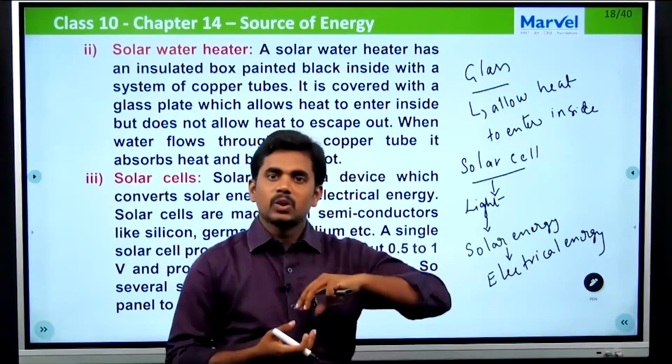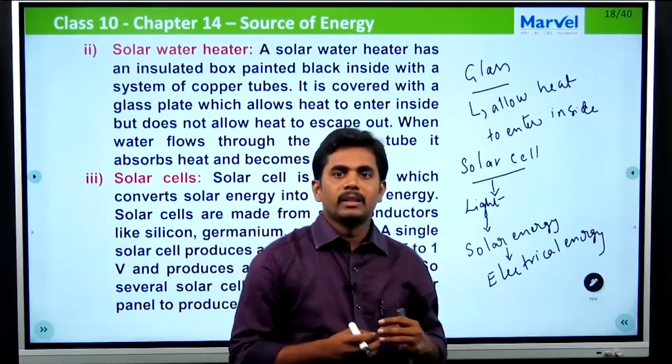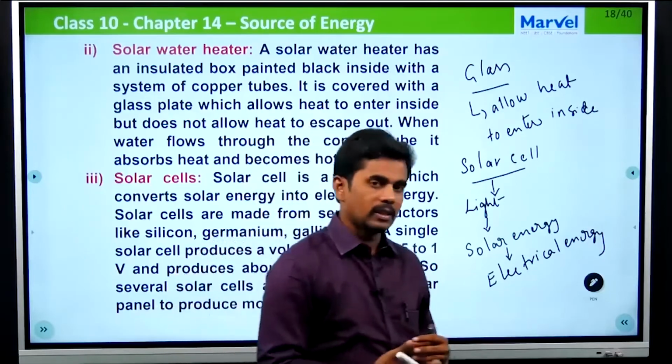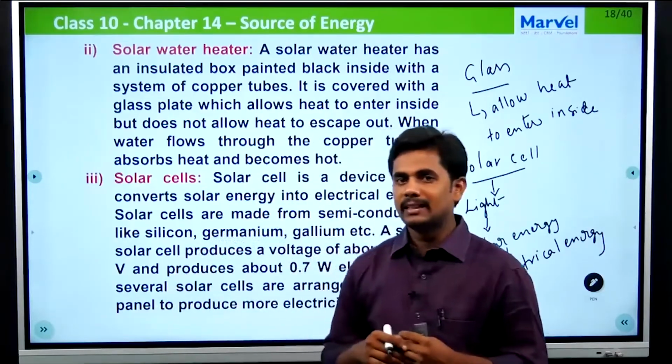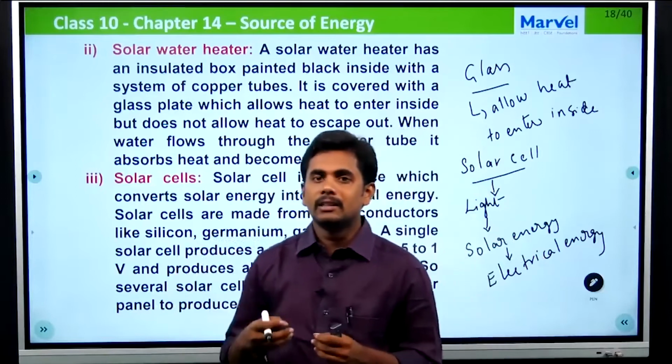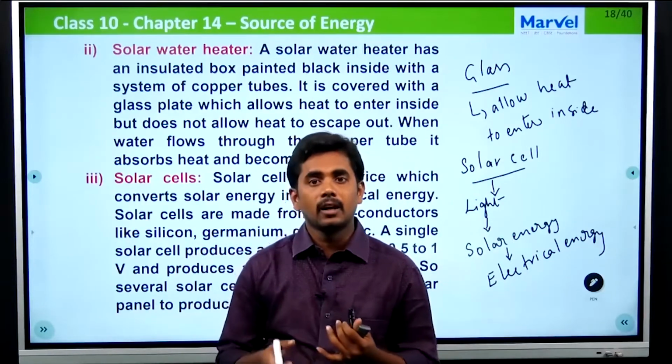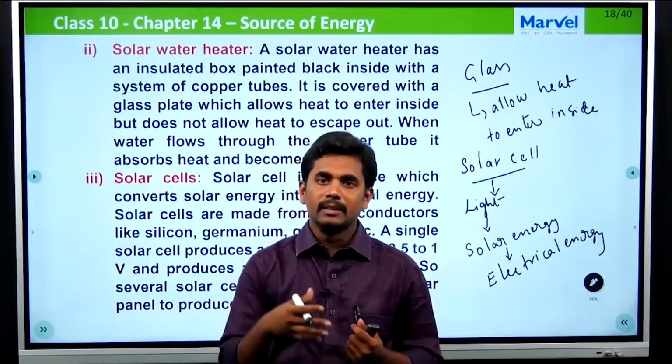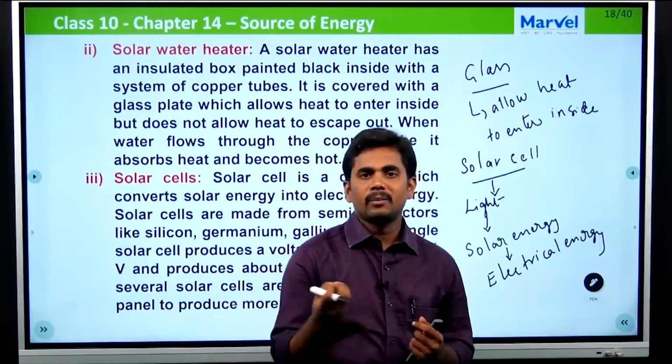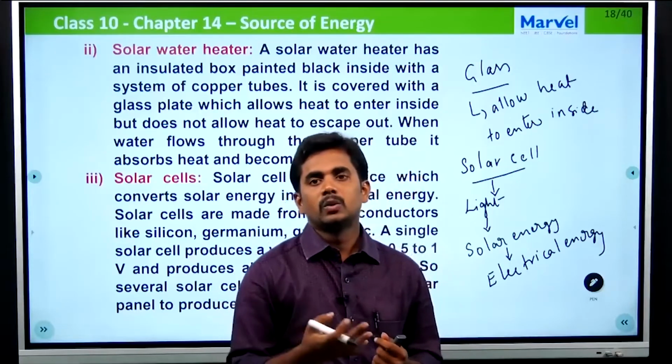Basically these solar cells are made from semiconductors. The semiconductor materials are silicon, germanium, gallium, etc. These are all the semiconductor materials used to make solar cells. Why?